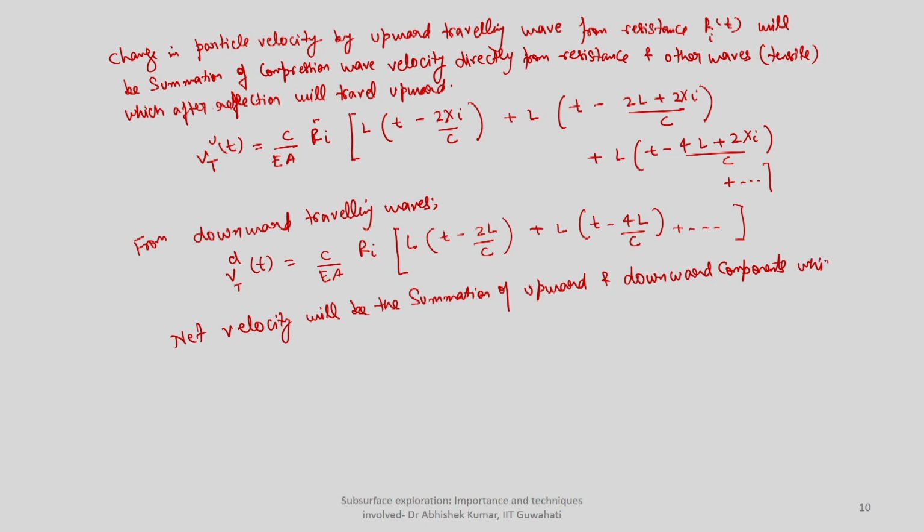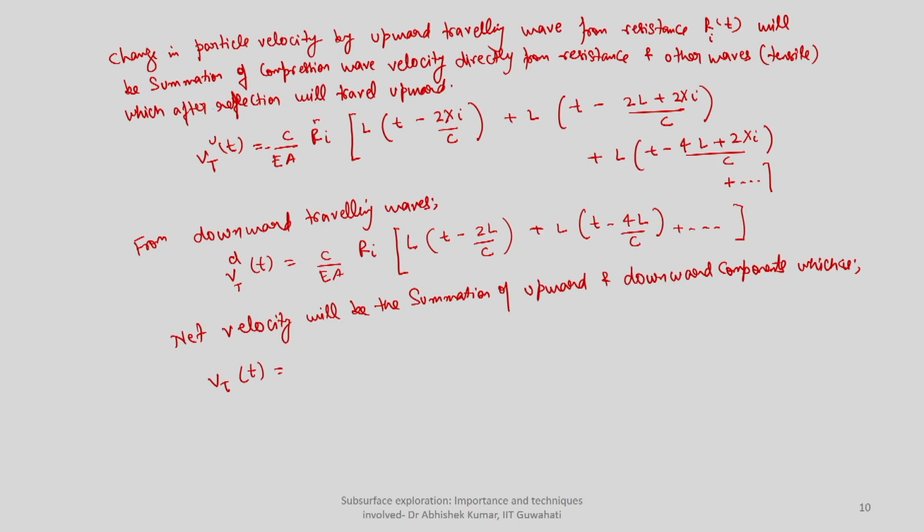The upward component is considered as negative and the downward component is considered as positive. So, net will be equal to Vt t, which will be equal to, last we had given equation number maybe 3, so I am calling it as equation number B.